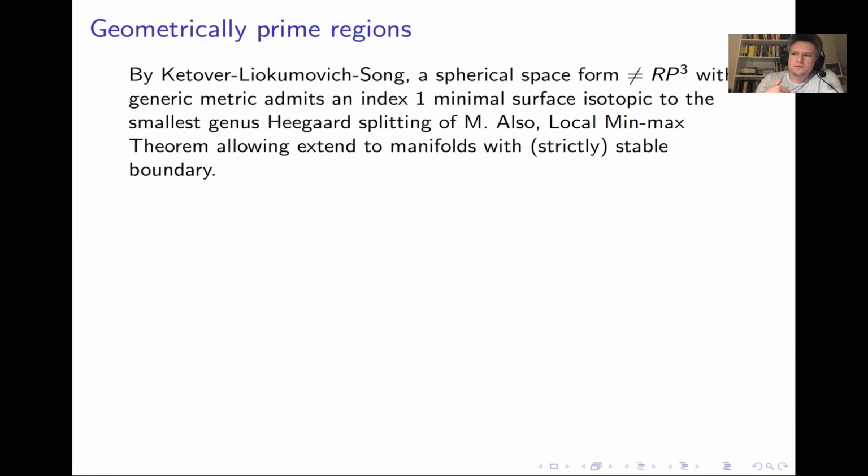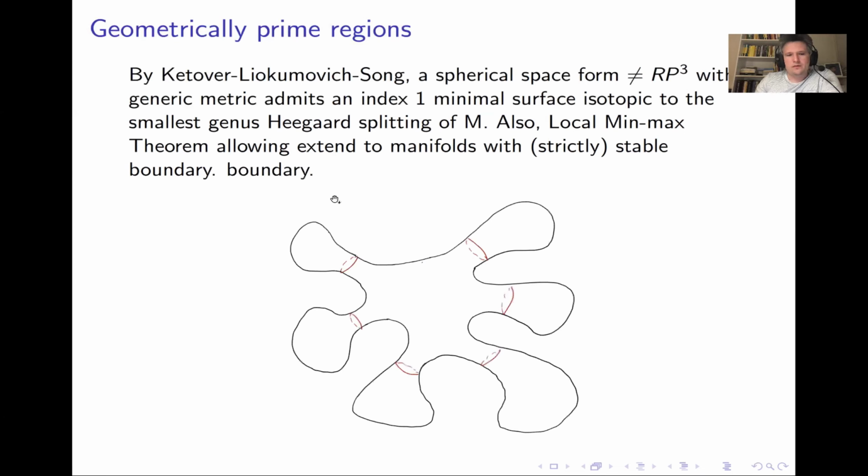In other words, a stable surface has positive eigenvalue for that operator. In our sense, it cannot be eigenvalue equals 0, because that would mean that 0 is an eigenvalue, so in other words we have a Jacobi field. But in the sense of bumpy metrics, we can't have that.